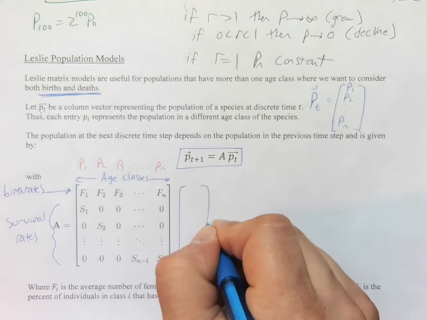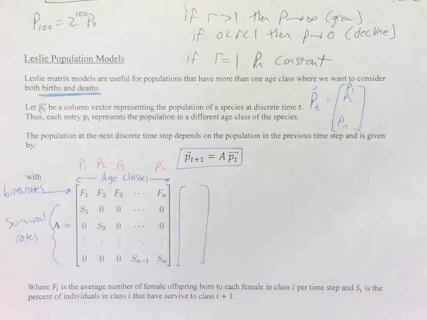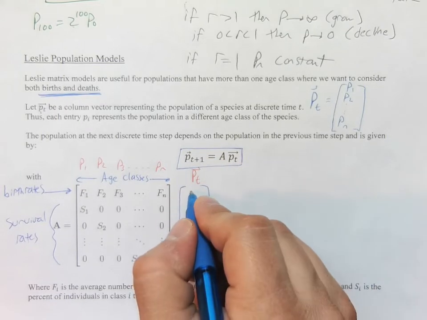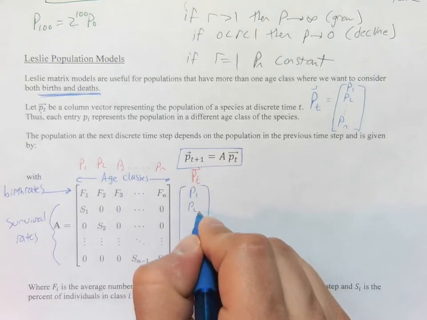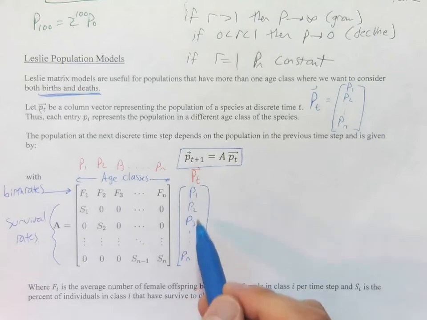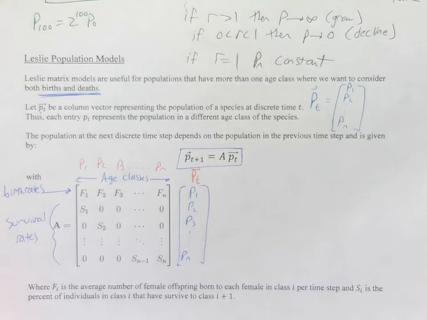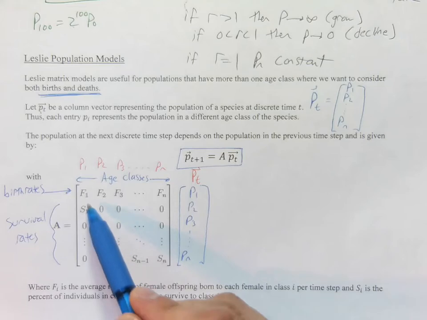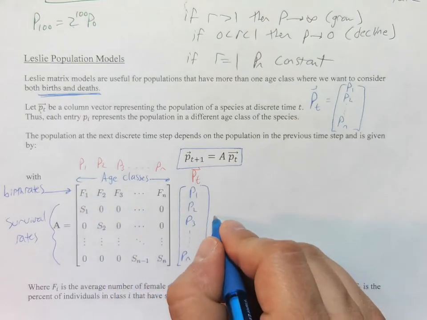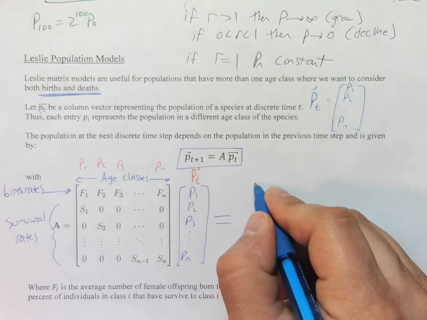I'm going to make a hypothetical column vector P sub t, and it has the entries P1, P2, P3, all the way down to Pn, the individual populations in each subclass. This is obviously a matrix times a vector, so we take each of these entries, scale the columns, and add them together, right? When we do this matrix multiplication, it ends up equaling this.